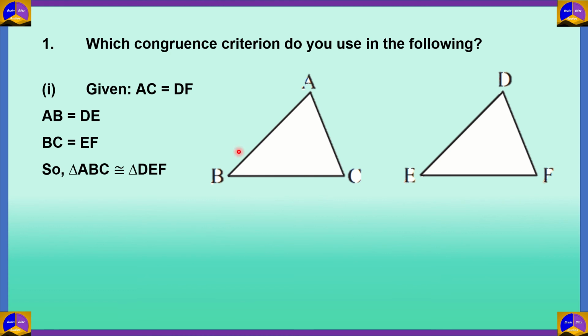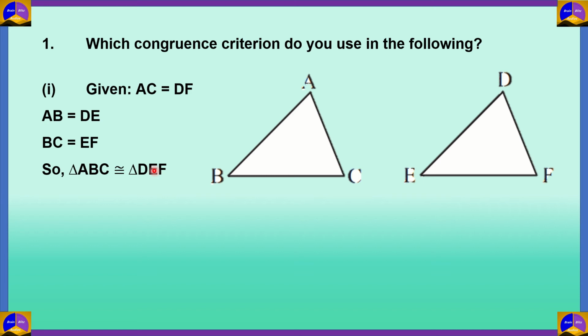First question. Which congruence criterion do you use in the following? 1. Given AC is equal to DF, AB is equal to DE, BC is equal to EF, so triangle ABC is congruent to triangle DEF.